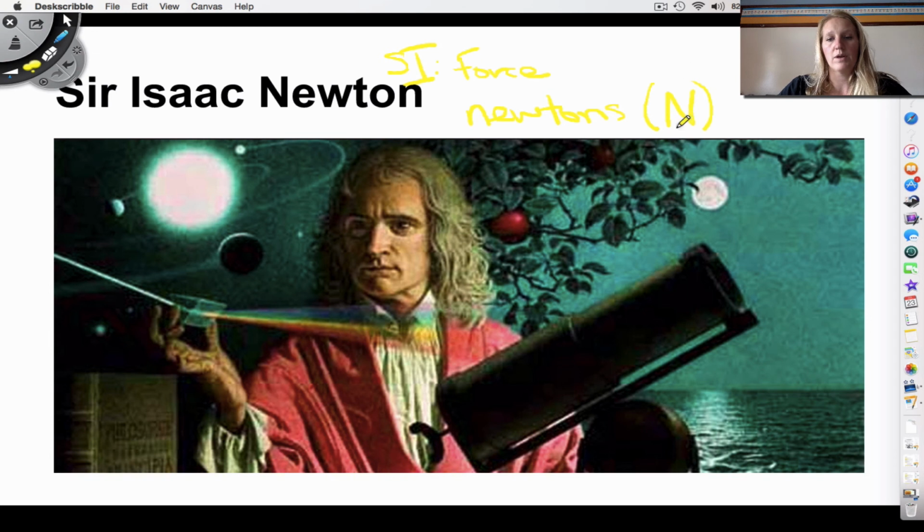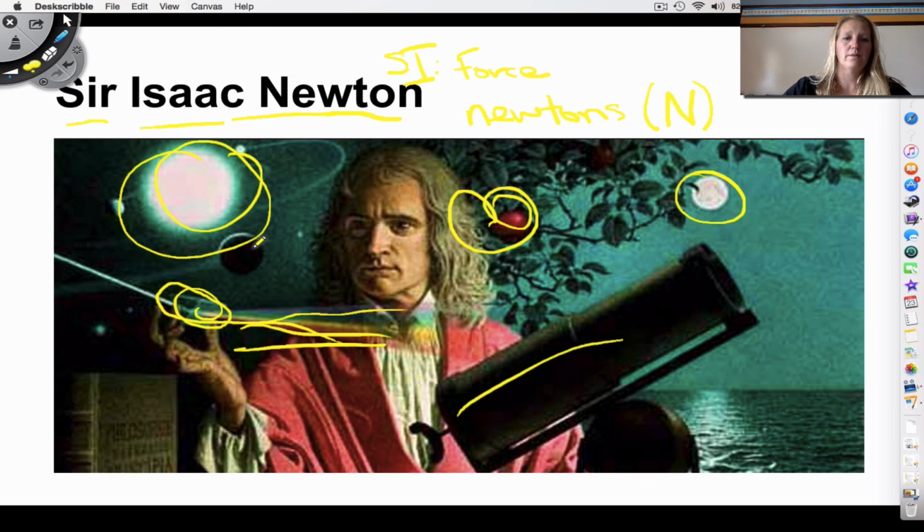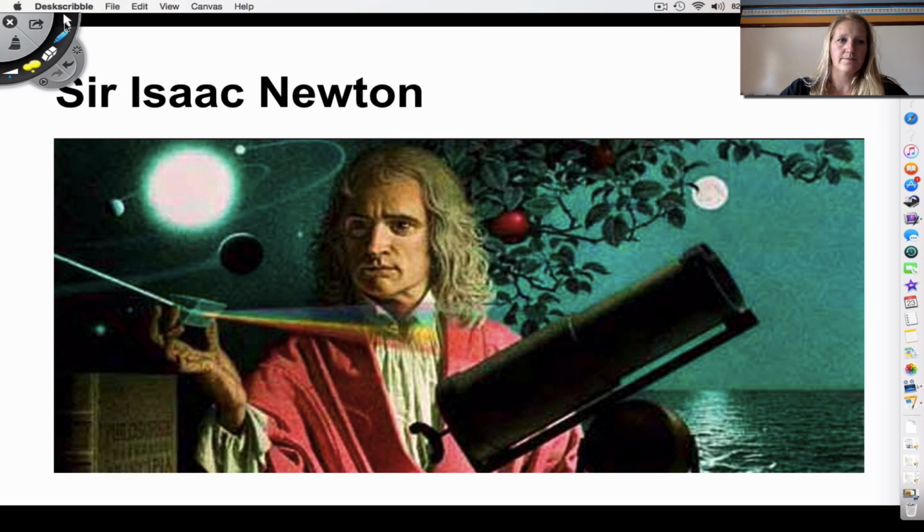So we want to pay attention to definitely using that capital N. It's in honor of Sir Isaac Newton, who did a ton for us in the physics world. You can see here the apple falling on him, which we'll talk about later, the moon, prisms and light, electromagnetic radiation, a telescope, and so on. The list goes on with this man. He's an Englishman, and he did a lot of good work.